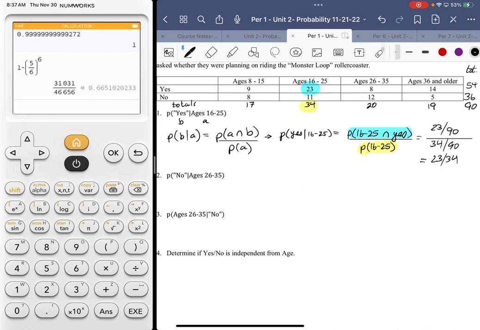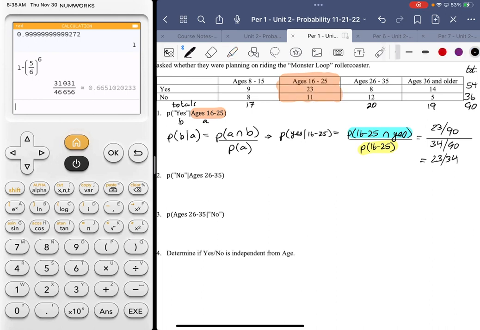All right. And so that kind of leads into the shortcut, because if the 90 is irrelevant, the only two relevant values are the ones I highlighted. Why not just put one over the other immediately? All right. And so the way I kind of look at this is whatever is the given, we only consider that and essentially just eliminate everything else. So my given here is 16 to 25. So that's this group here.